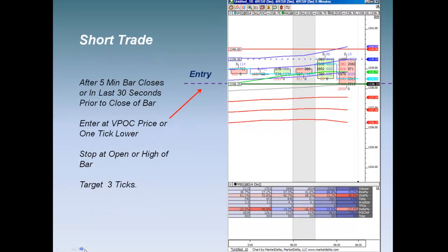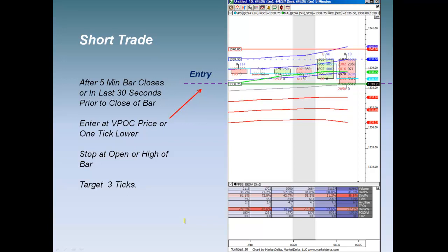So if in fact we are going to take a trade here, our trade would be a short trade, and a preponderance of the evidence supports such a trade. Now we need to look at the details of the strategy. Where should our entry be?